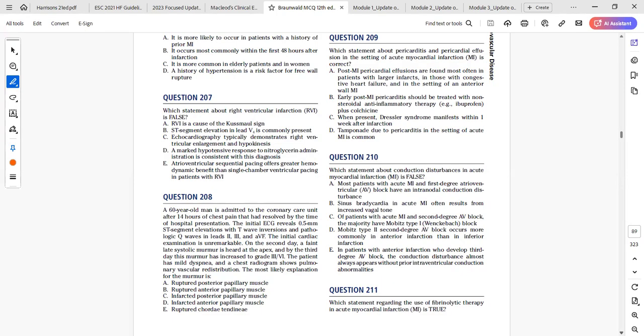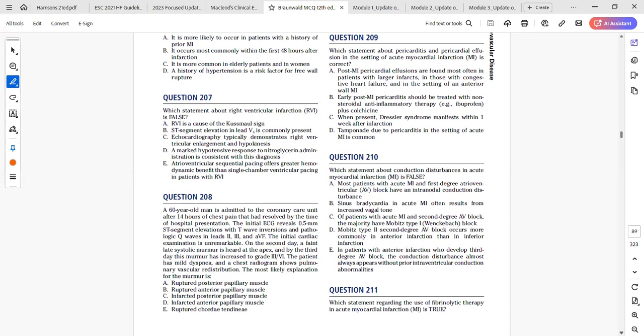The most likely explanation for the murmur is, so this patient had an inferior infarction and then gradually developed this systolic murmur at the apex that increased to grade 3 by the third day.